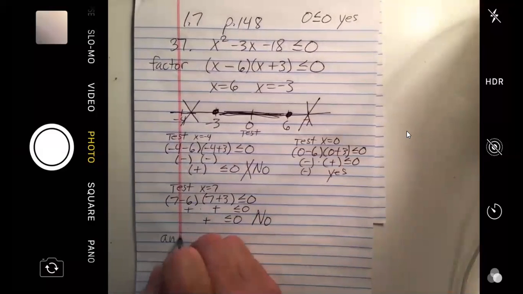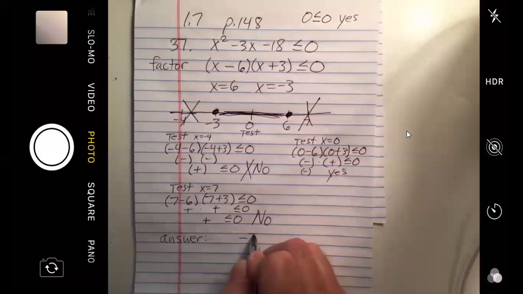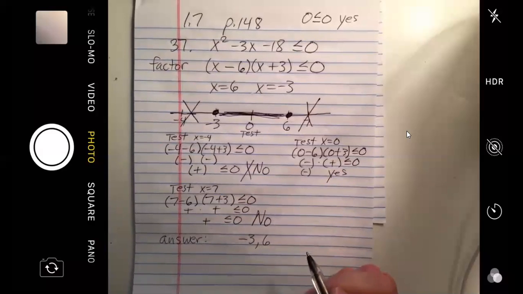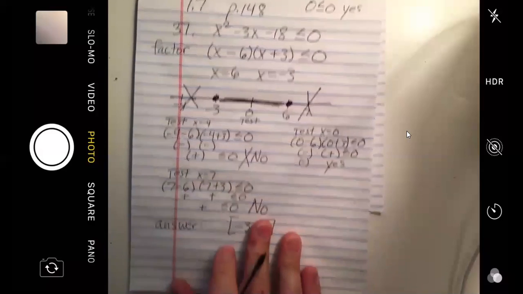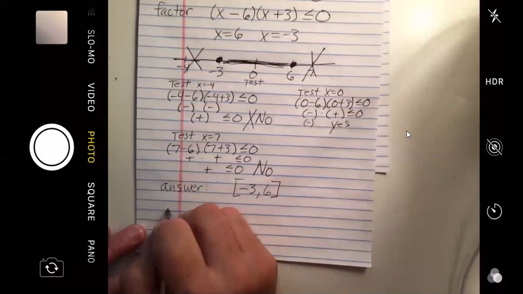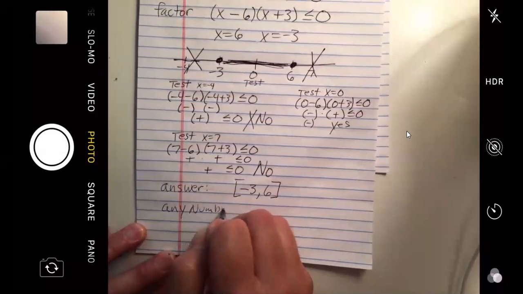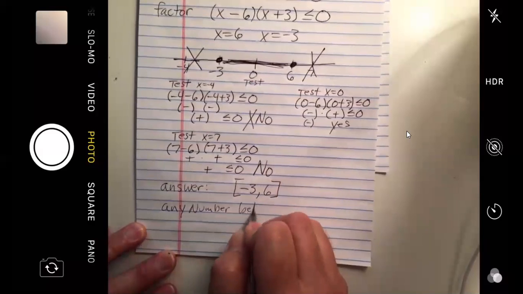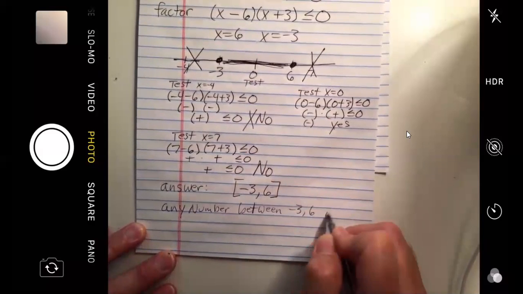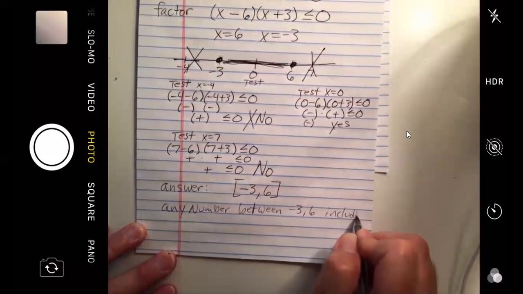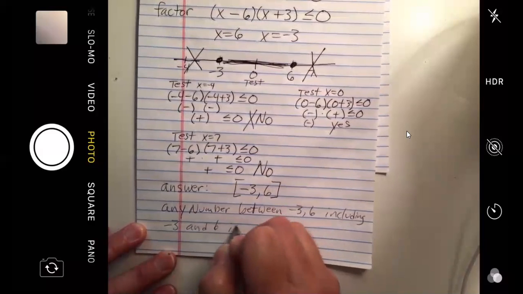Answer. You can copy the interval notation right off the number line. Negative 3 comma 6, brackets. Basically, it means any number between negative 3 and 6, including negative 3 and 6, is an answer.